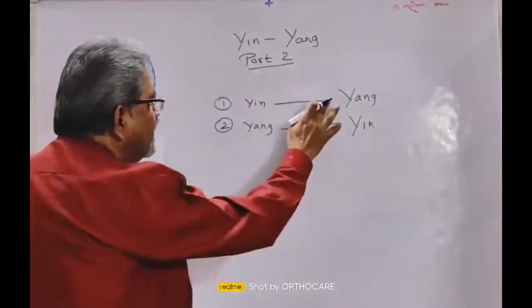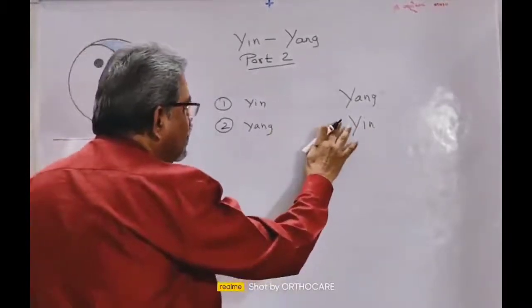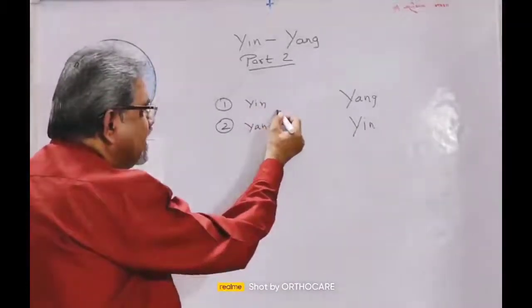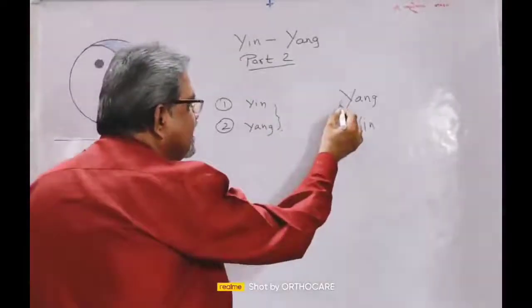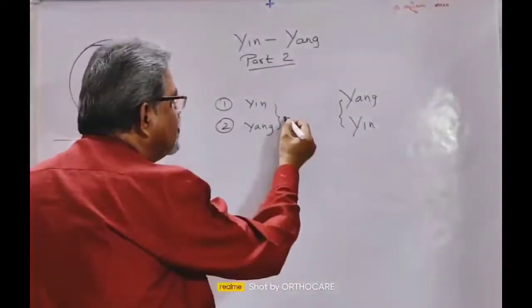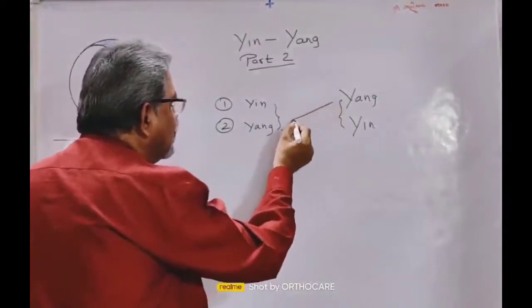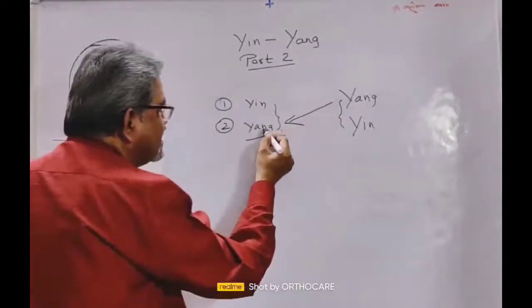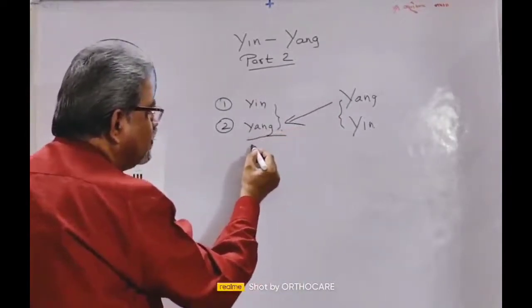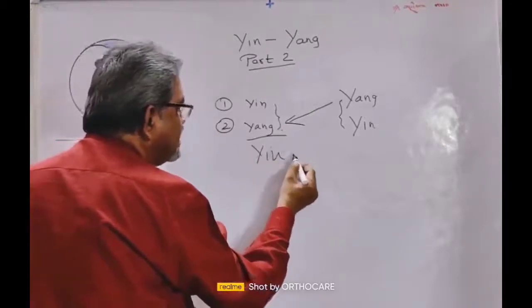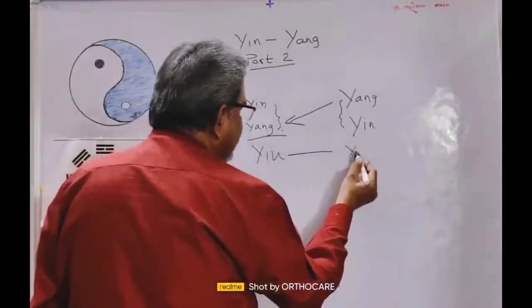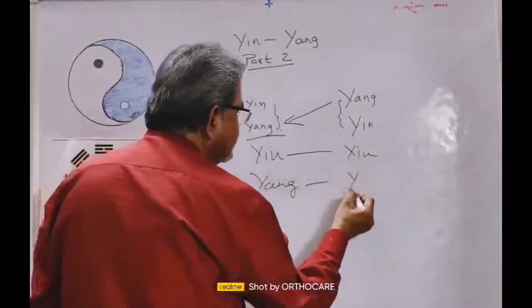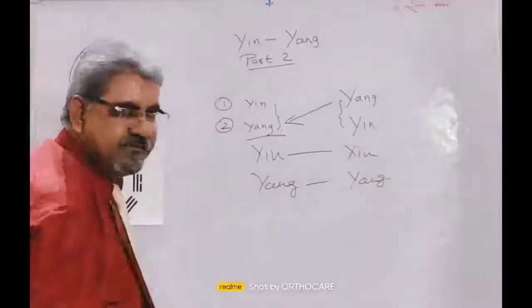So what we need to do is, when yin or yang is weak or in excess, we need to make the excess energy of yin and yang equal, to balance it.